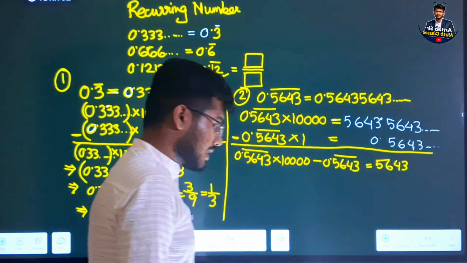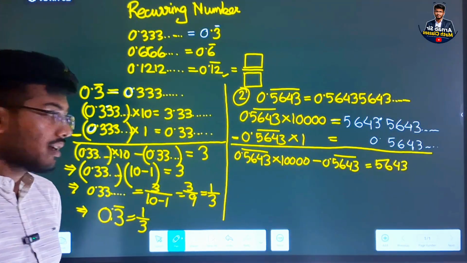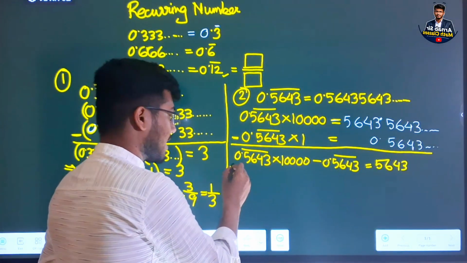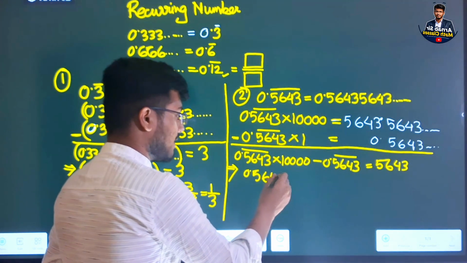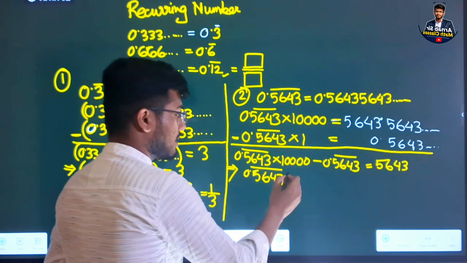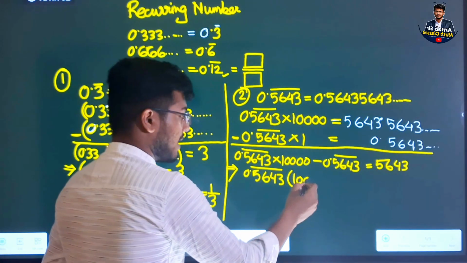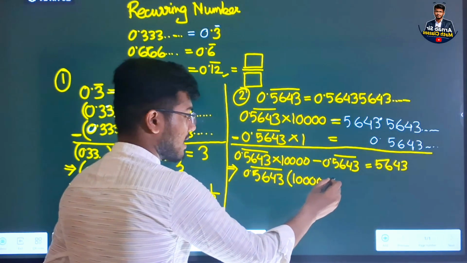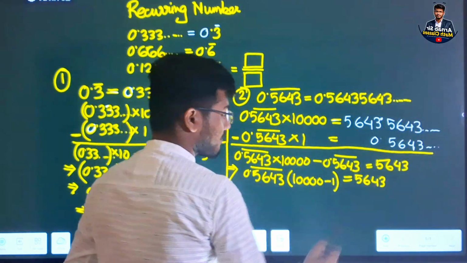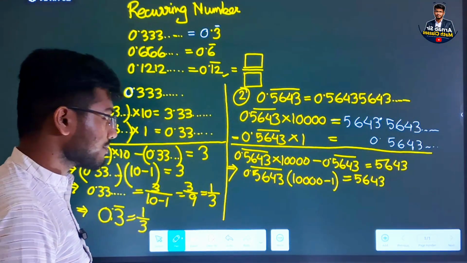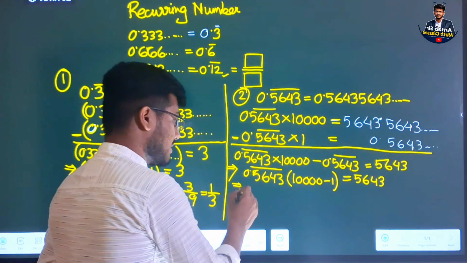Up to this all are clear? Next you take a common, that means 0.5643 bar multiplied by 10,000 minus 1 is equal to 5643. Clear? Yes or no?